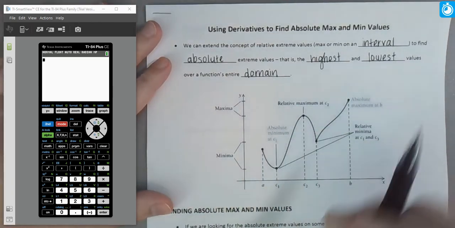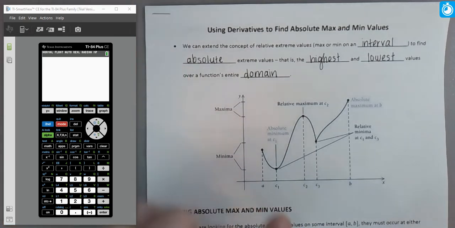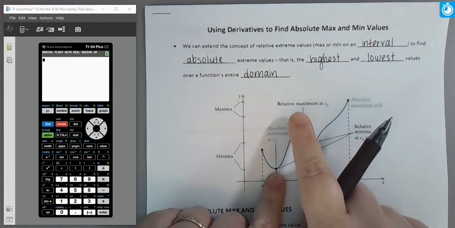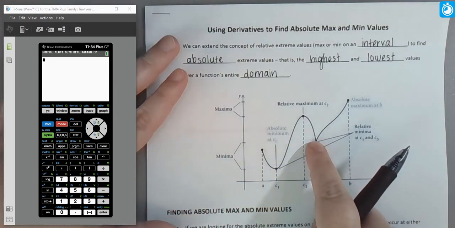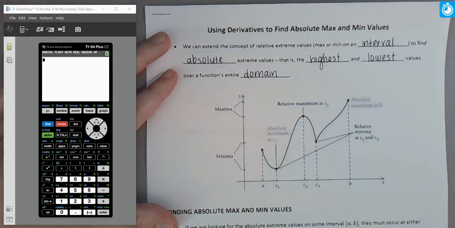So just to show you what we're talking about with relative versus absolute maximum and minimum values, we used our derivative tests to find relative maximum and minimum values. In other words, anywhere where we would have a peak or a valley based on the shape of our graph, either the first derivative or the second derivative test could be used to determine those locations, and then those particular x values will be associated with the actual maximum and minimum values.